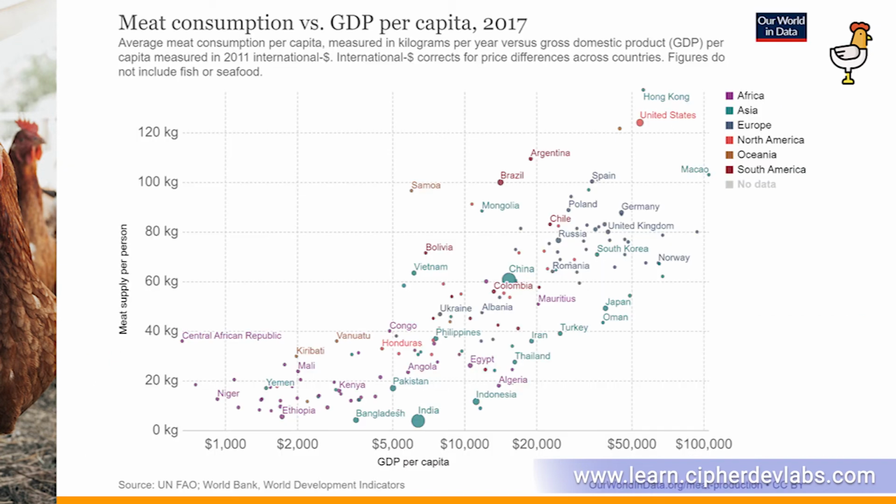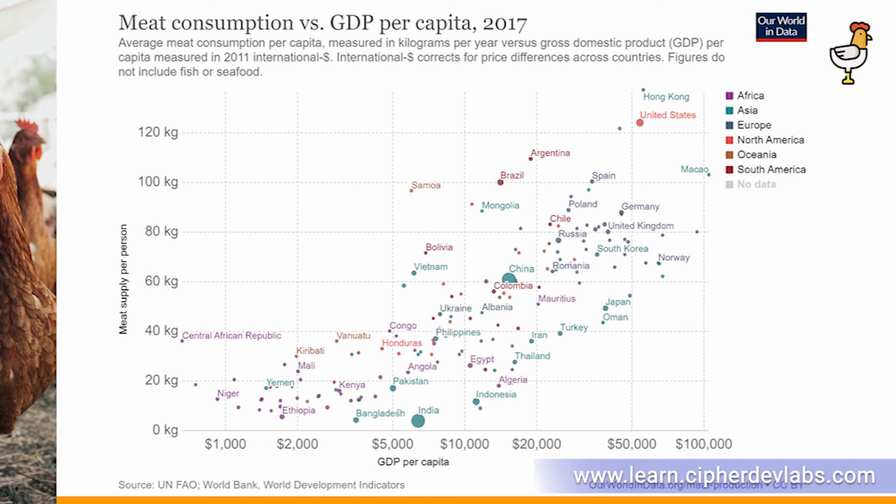Moving on, we have a very interesting graph: meat consumption versus GDP per capita in 2017. If you look at this graph, the top two countries, Hong Kong and the United States, have a very high GDP per capita as well as meat supply per person of more than 120 kilograms per person per year.